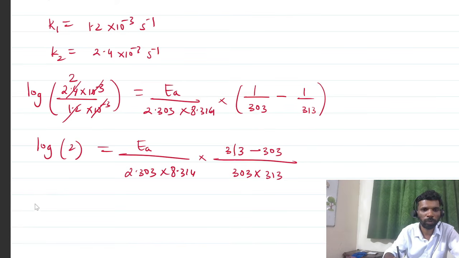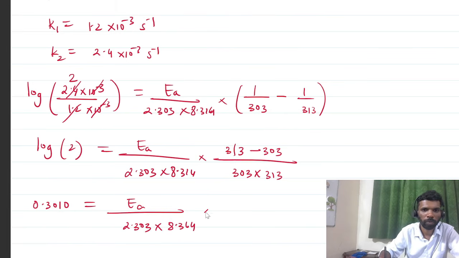So log of 2 will be 0.3010. This difference is 10, between 303 and 313.